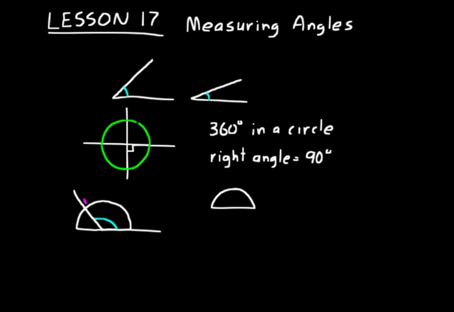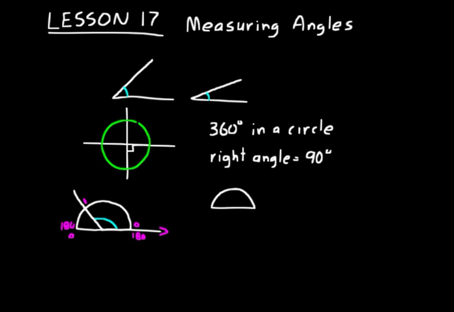Now, most protractors have from 0 to 180. It'll start at 0 on this side and go over to 180. But then they also have it where you start from 0 on the left side and go to 180 on the right. There's two different sets of measurements. As long as the bottom ray is going out to the right side like this one is, you read from 0 to 180.